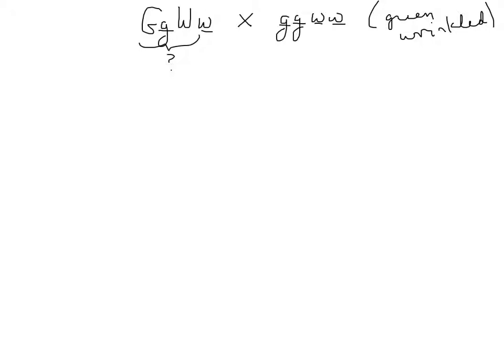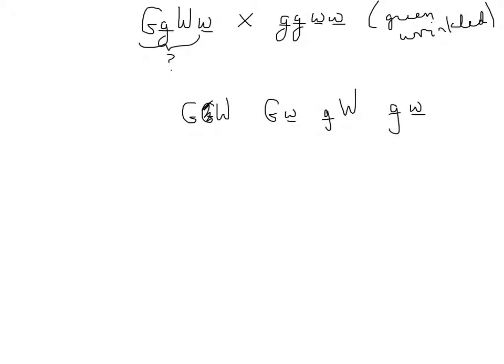What gametes can this make? It can make 4 possible gametes, all possible combinations of G and W, 2 to the 2. There are 2 heterozygous gene pairs here. So it can make big G big W, okay? Big G little w, little g big W, and little g little w.